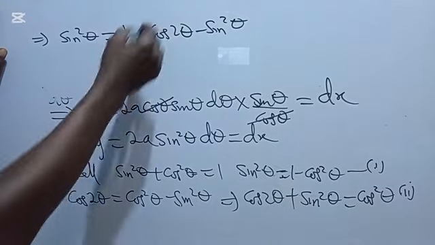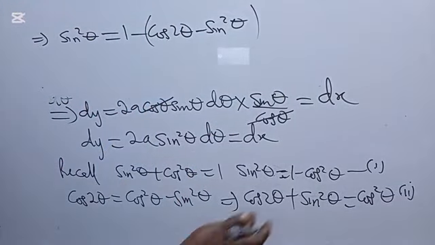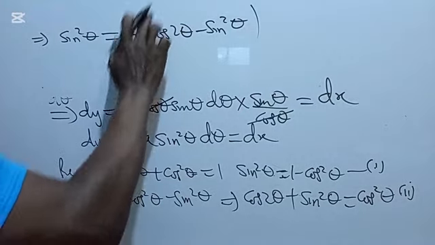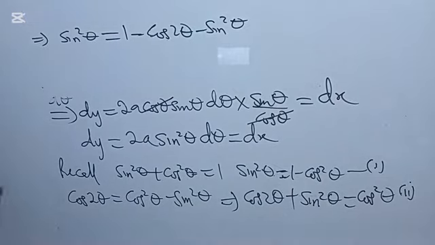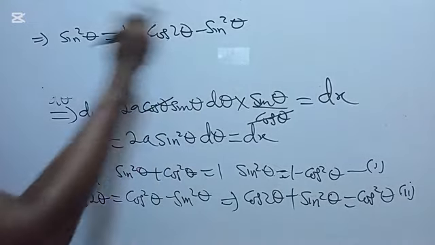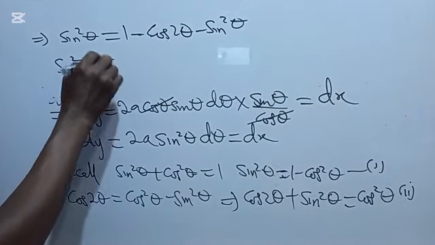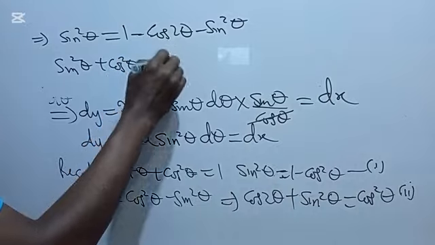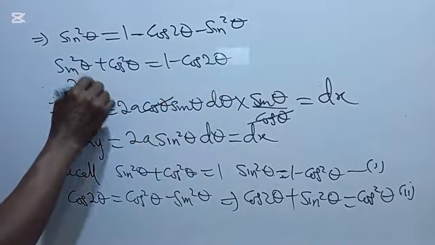So when you put it in brackets, they are plus. By the time you open them up, they become minus. I'm very sure you must have known this one before. So now bring this sine square theta here. You have sine square theta plus sine square theta equals 1 minus cos 2 theta.